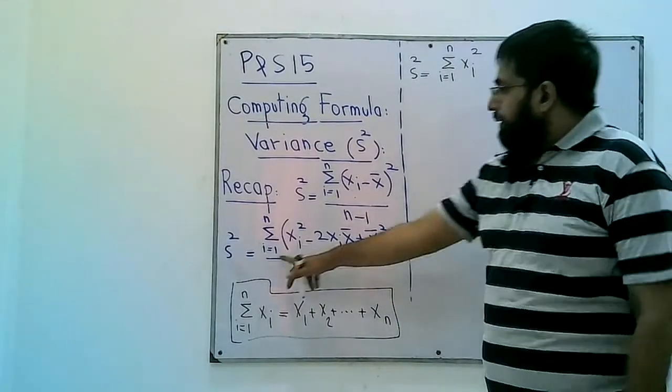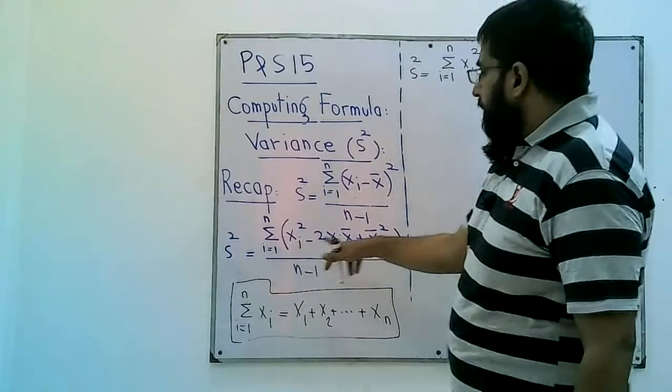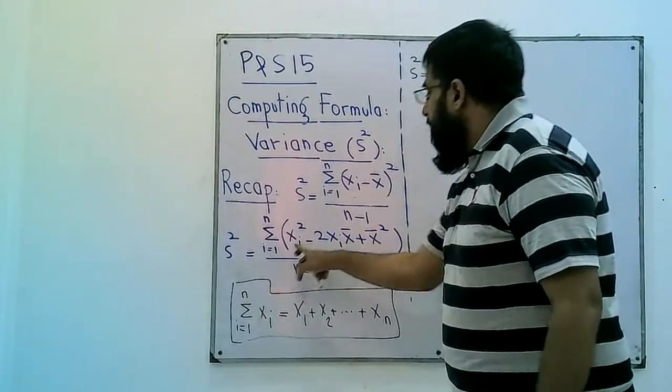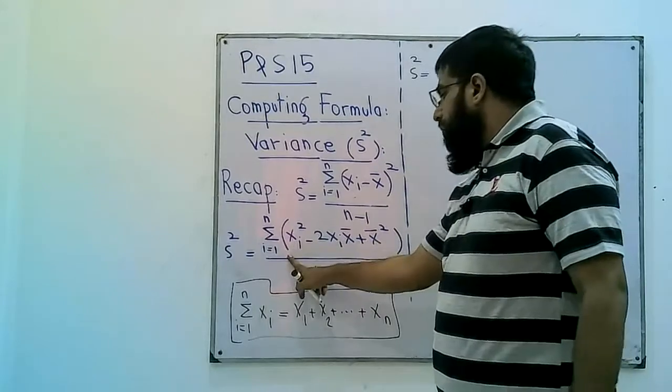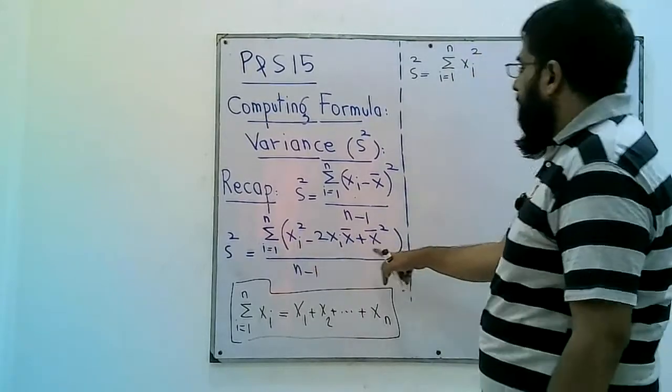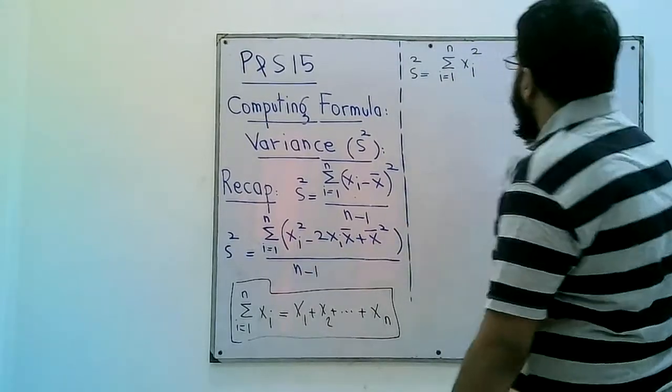The summation operator is then distributed on these three terms: xi squared, minus 2 xi x bar, plus x bar squared.